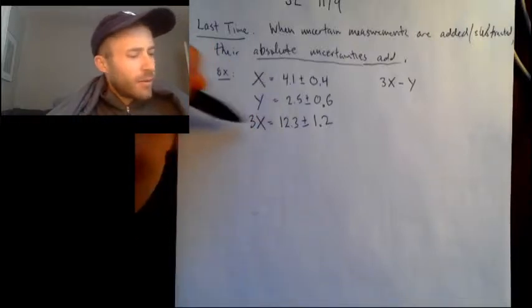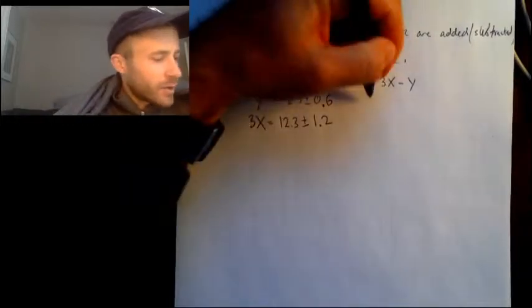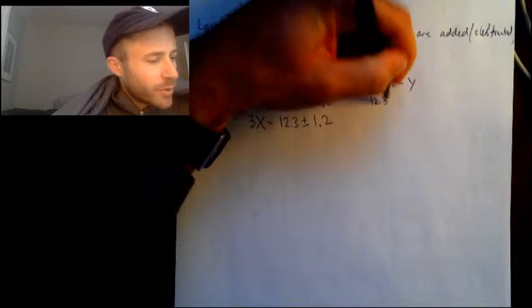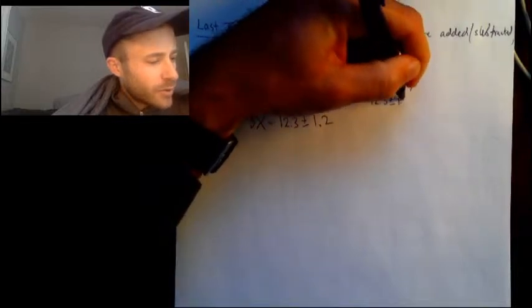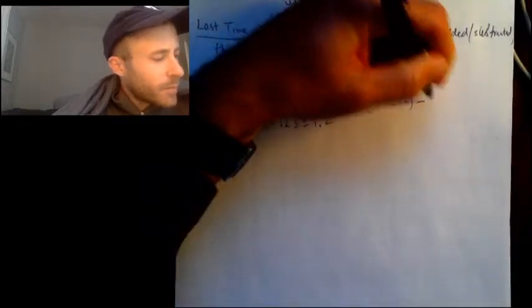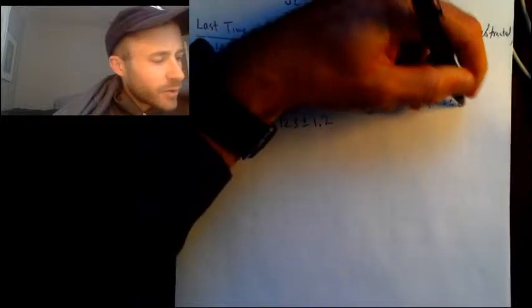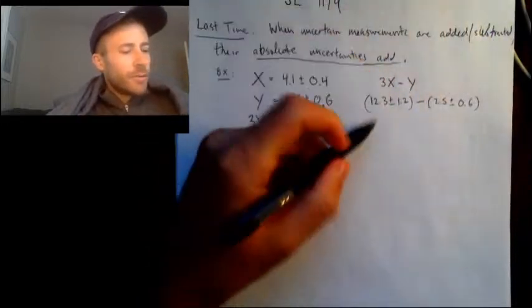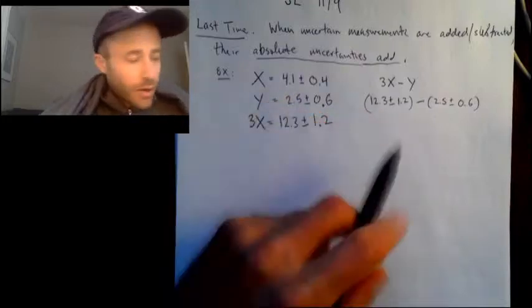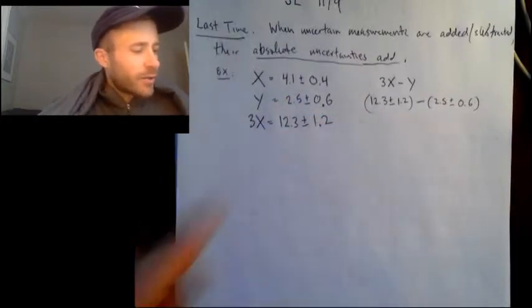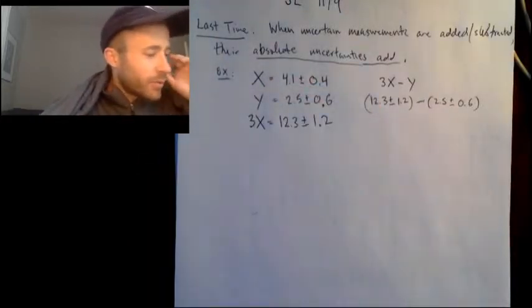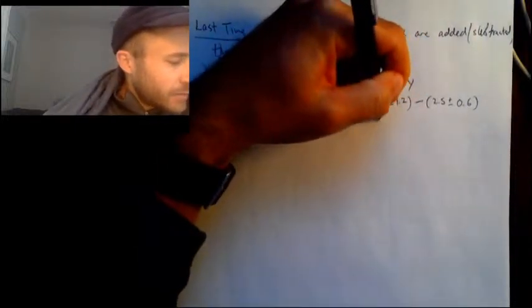So now I have 3x minus y, so that's 12.3 plus or minus 1.2 minus 2.5 plus or minus 0.6. So what we'll do is we'll take our best guesses and we'll subtract them. So 12.3 minus 2.5 is going to be 9.8.